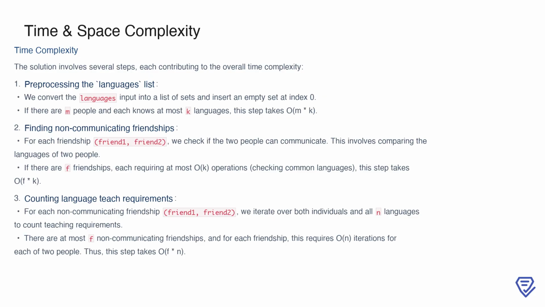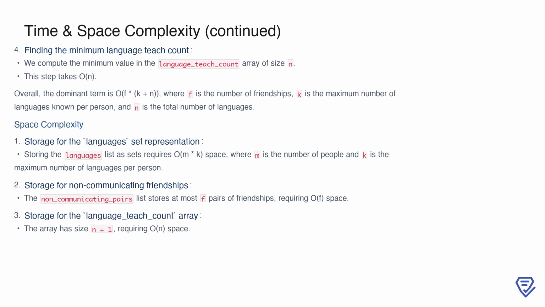Finally, we determine the language teaching requirements. For every non-communicating pair, we consider each individual and iterate over all n languages to count the number of people who would need to learn a particular language. With up to f non-communicating friendships and n iterations per person in each pair, this step contributes f*n to the complexity. Once the teaching requirements are calculated, we identify the minimum language teach count.